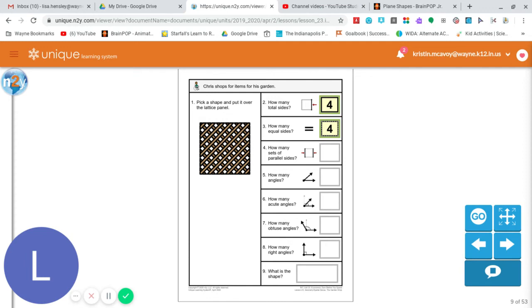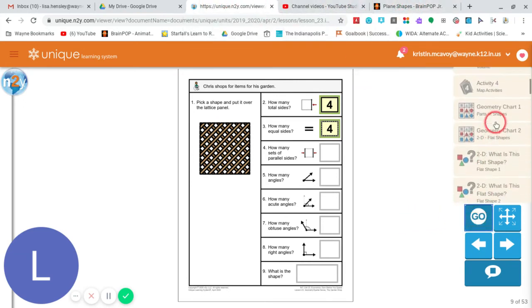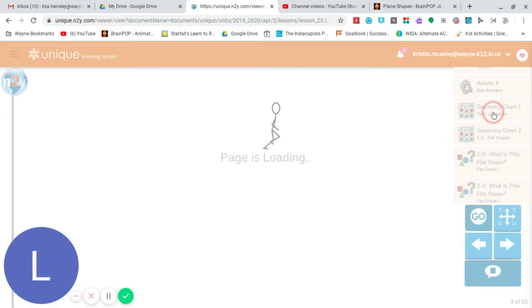So the next question will be, how many sets of parallel sides are there? Remember, parallel sides are sides that are just parallel to each other. And let's see if our chart describes that.